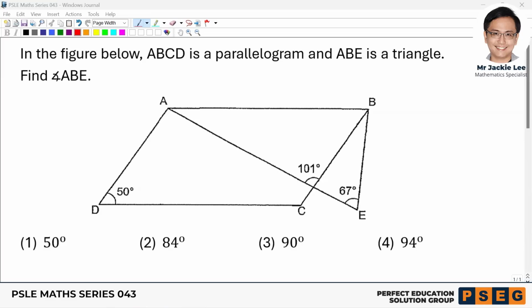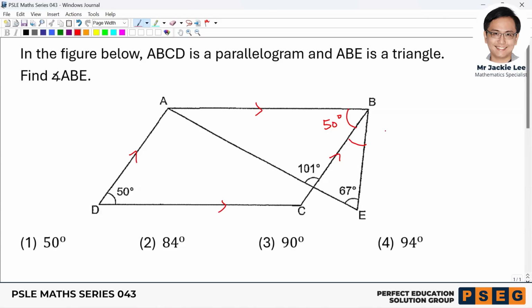In this figure, ABCD is a parallelogram. And therefore, this angle is 50 degrees because opposite angles of a parallelogram are equal. Secondly, for this angle, we can use the exterior angle of a triangle.